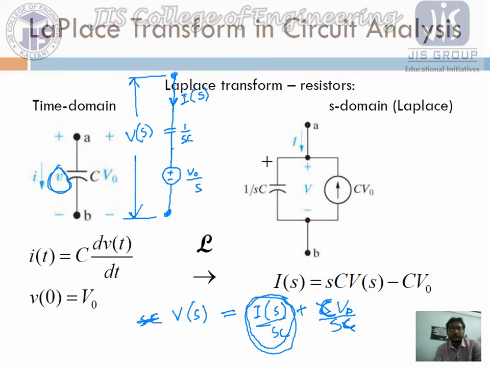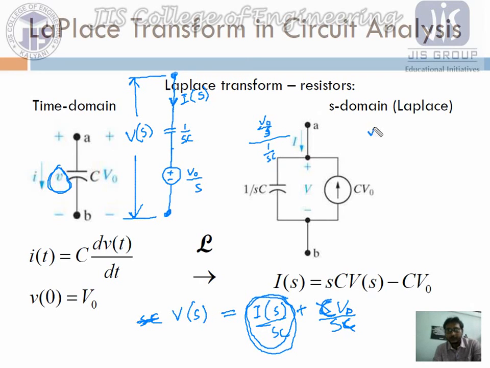Now if we go for the Norton equivalent, we have to use the source conversion method. As there is a voltage source in series with the capacitor, for the conversion to a current source, the current source value will be I equals V by Z. The V value is V0 by s, divided by 1 divided by sC, so it will be V0 sC divided by s.